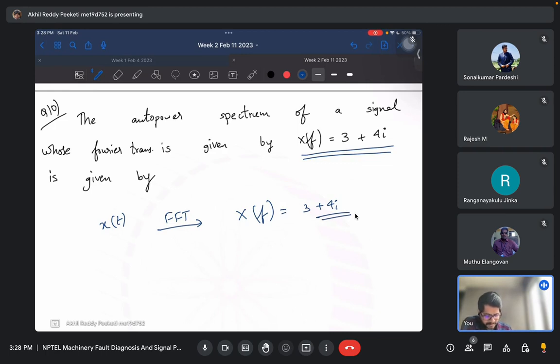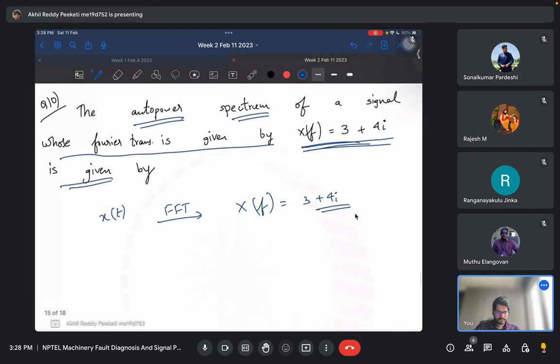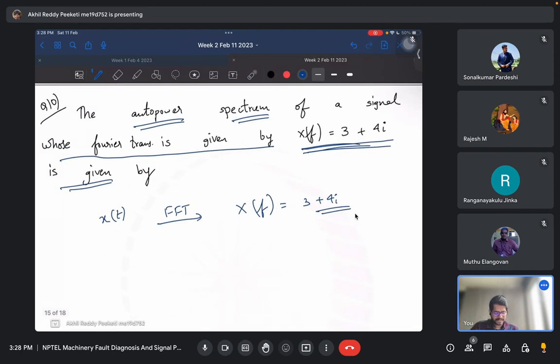Now we are asked to estimate what the auto power spectrum will be. Does anyone know what the auto power spectrum is? Okay, so first let's look at just this frequency.